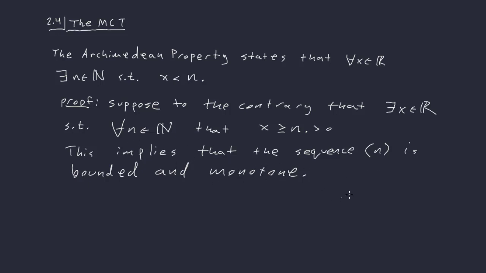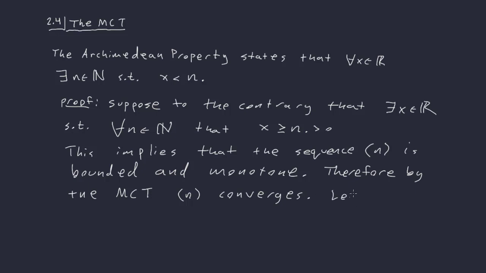And it's monotone because, well, just by definition, 1, 2, 3, 4, 5, right? That's monotone. So, therefore, by the monotone convergence theorem, the sequence n converges.